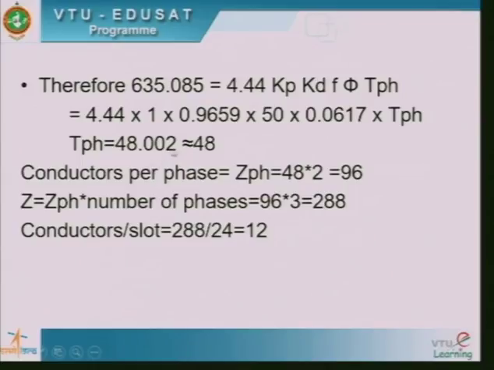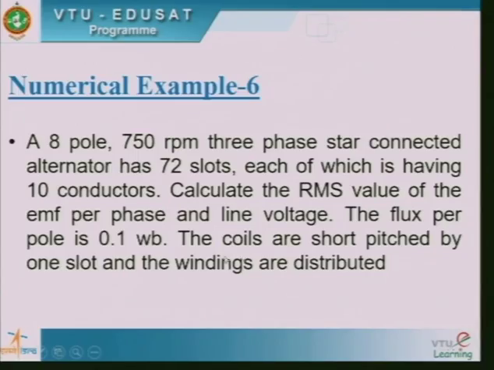So, we can round it off to 48, and conductors per phase is nothing but 48 into 2, which is 96. Total conductors per slot can be calculated as 96 into 3 divided by 24, which is equal to 12.